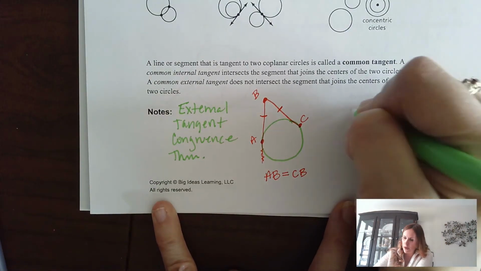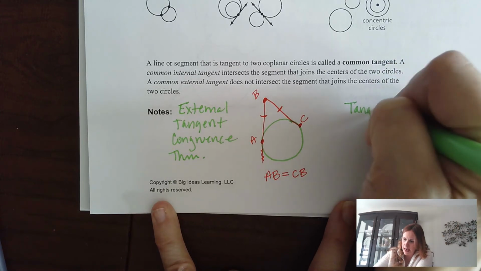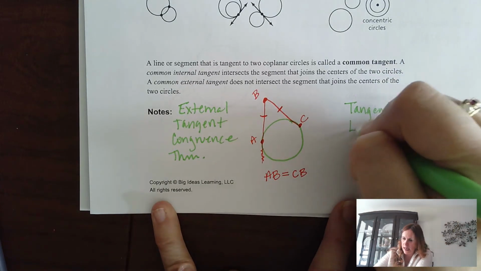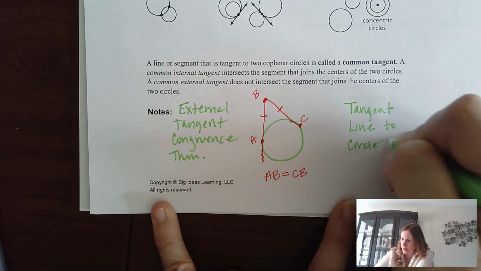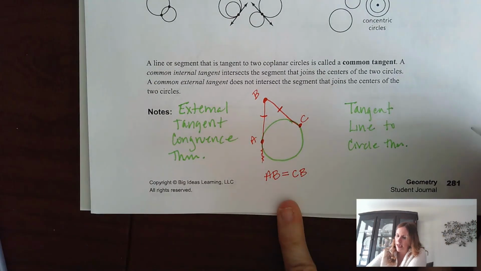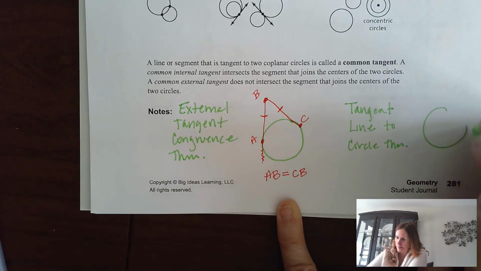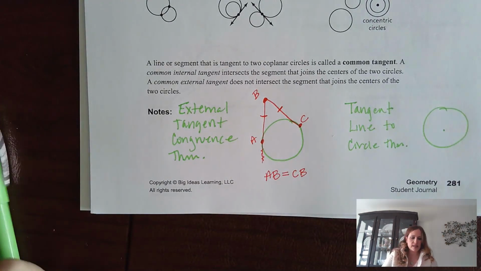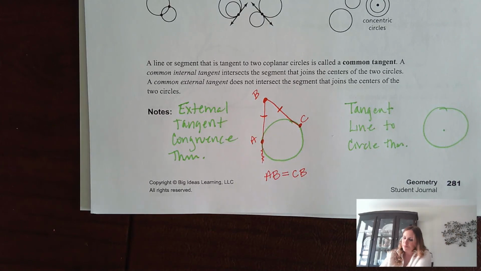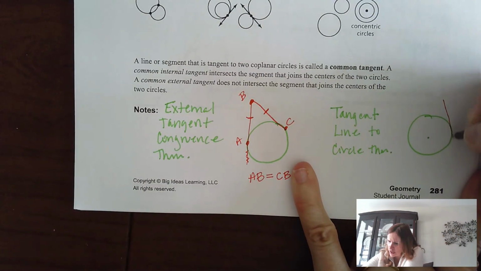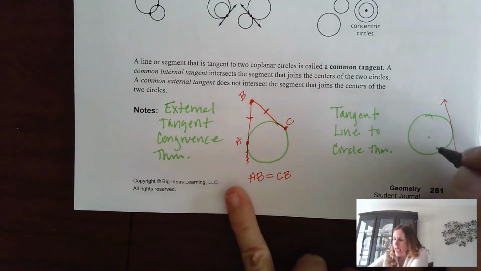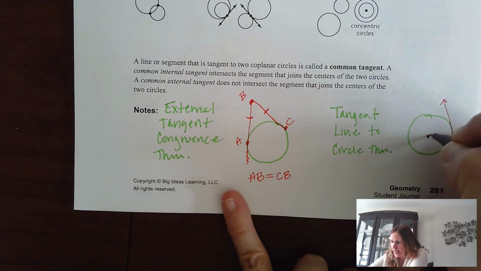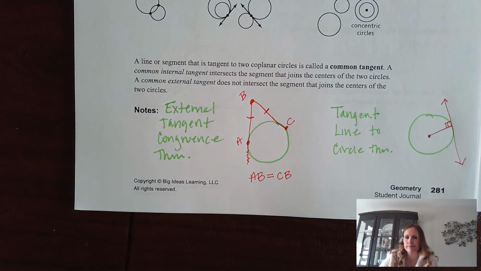The next one I want you to look at is called the tangent line to circle theorem. Really specific here, right? So again, we're going to draw a circle. What this theorem states is that if I have a line that's tangent to my circle, it has to be perpendicular to the radius.